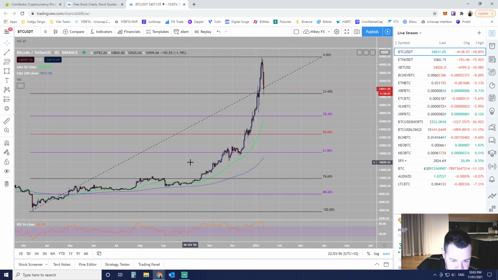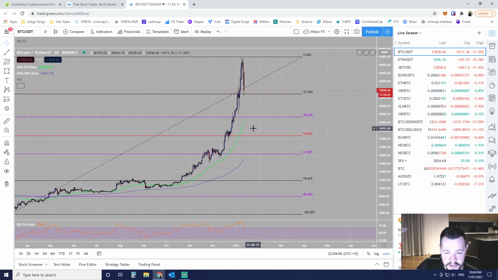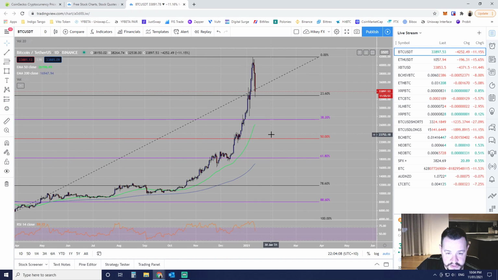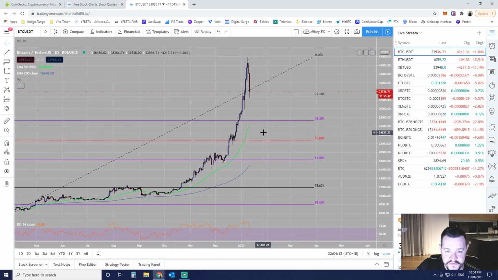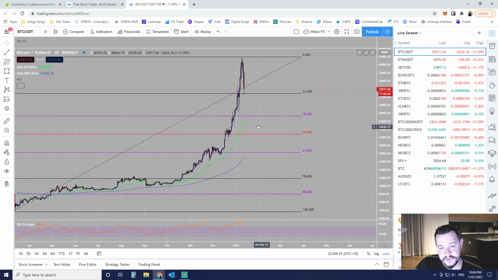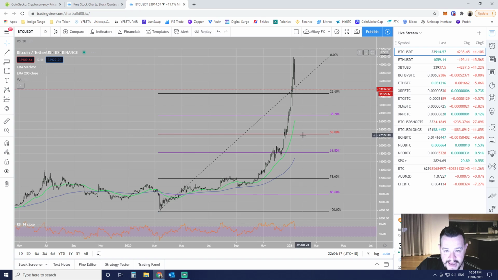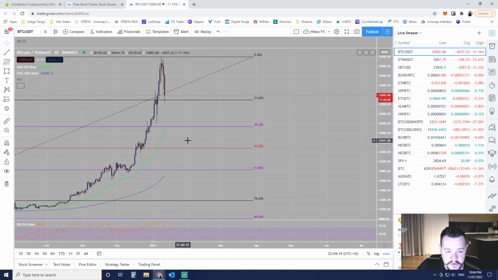Now, as you can see here, we haven't even touched the 50 EMA since the beginning of October. So this is an extremely accelerating market, which has basically just continued to take off.